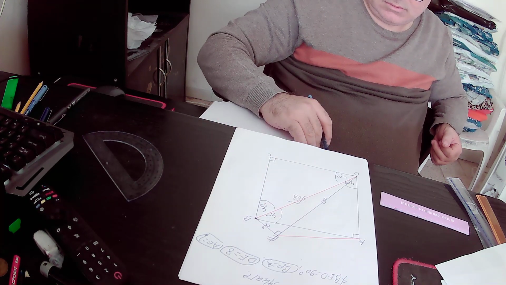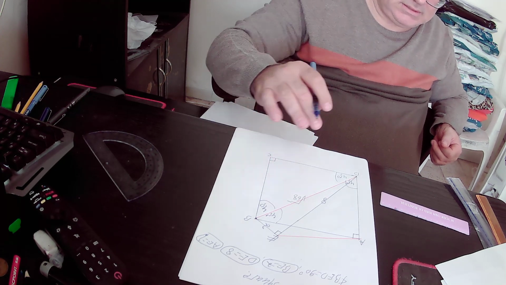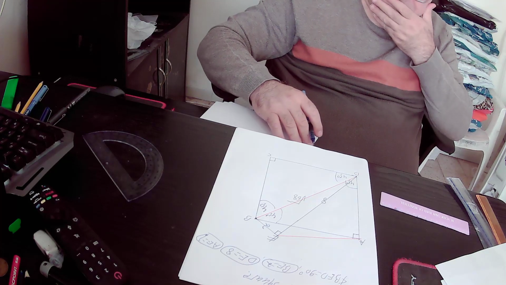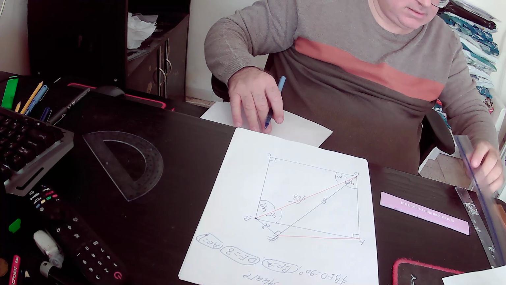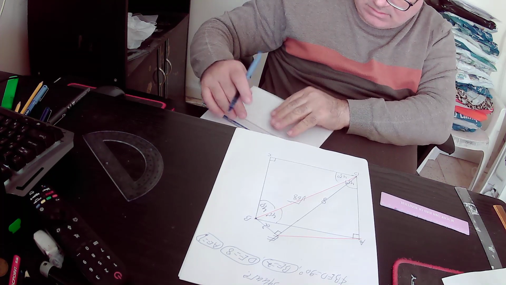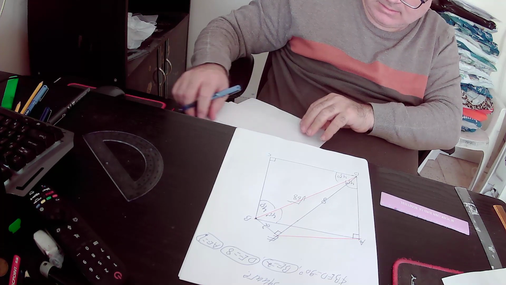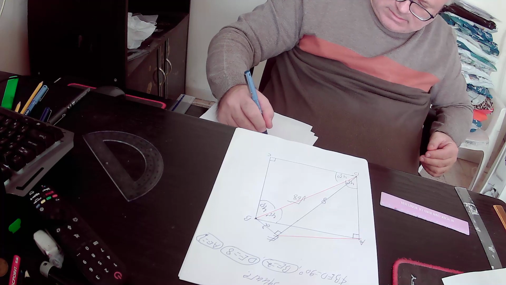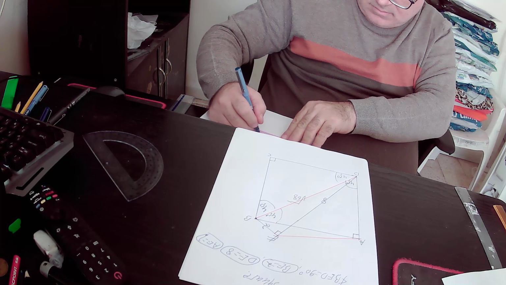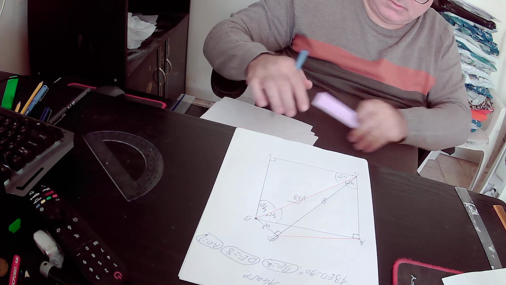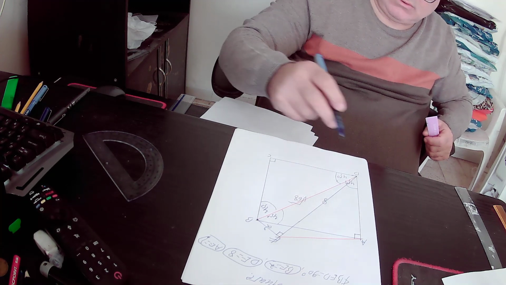So, we will focus on the right triangle BCD. In the right triangle BCD, cosine 45 degrees will be equal to DC over DB.